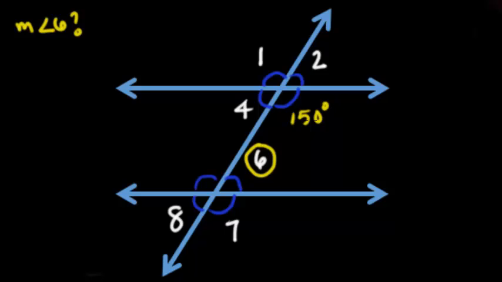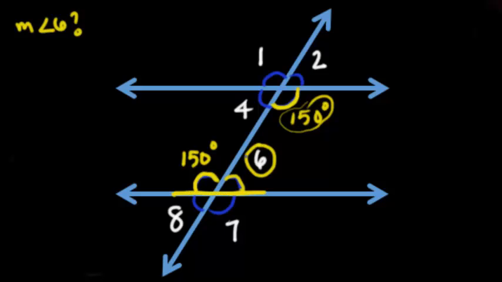Okay, so we know that this angle right here is 150 degrees. And this angle right here has an alternate interior angle over here. So since alternate interior angles have the same measure, this angle right here also has to be 150 degrees. And notice that this angle and angle 6 create a straight angle.